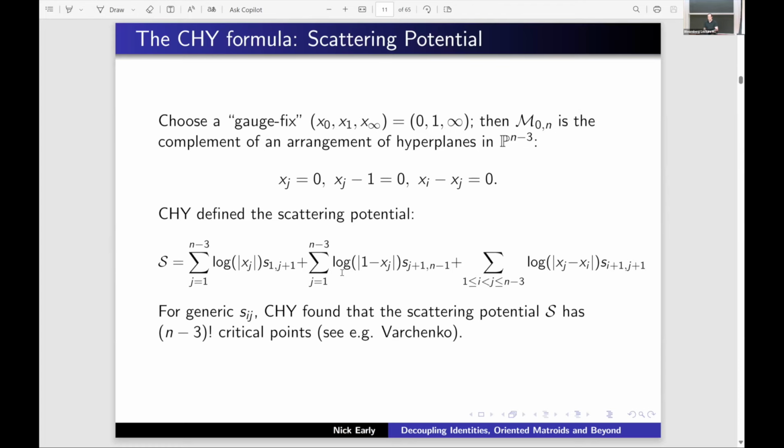So for generic s_ij, there's a somewhat classic theorem of Varchenko, found by CHY independently, at least that's my understanding of the history, that the scattering potential has exactly (n-3)! critical points. And when the s_ij are real, those critical points reside one in each bounded chamber, or bounded tile.